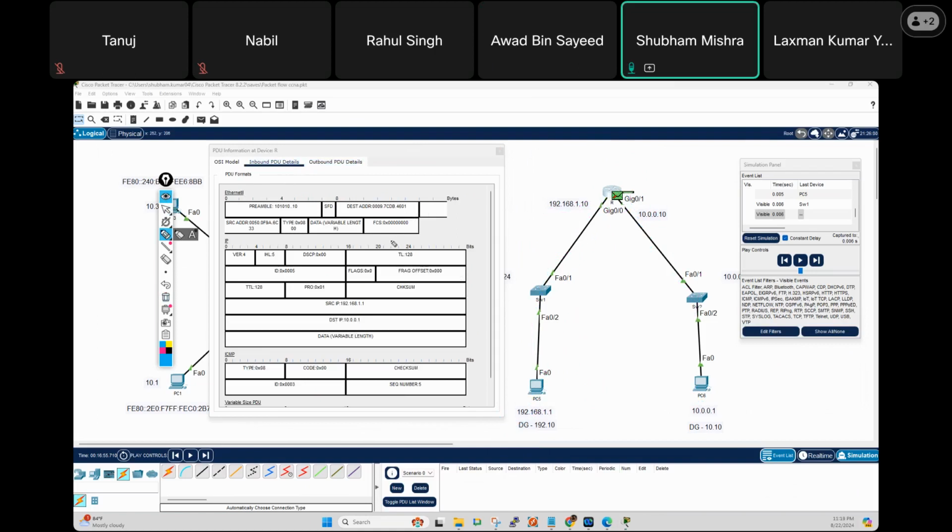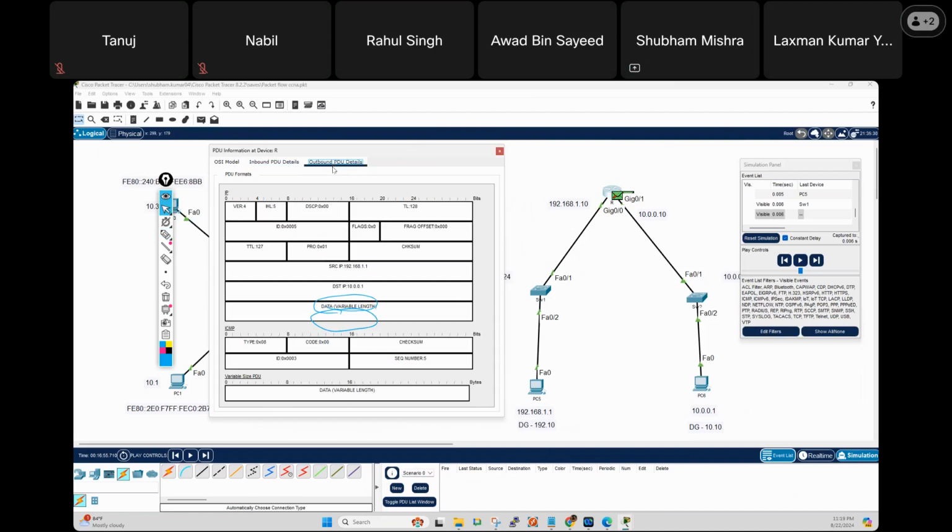What is the source IP address? 192.168.1.1. What is the destination IP address? 10.0.0.1. Is it clear to all of you? Okay.